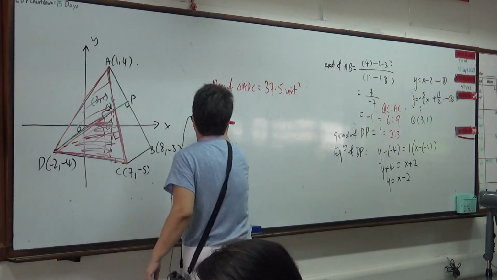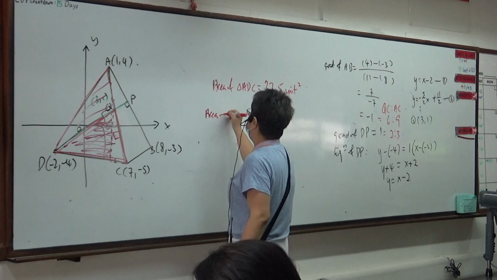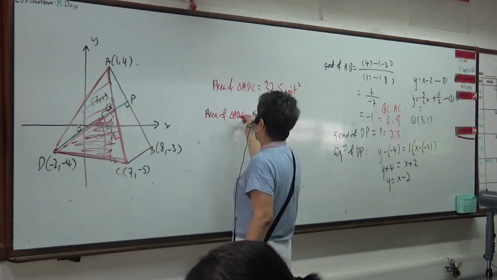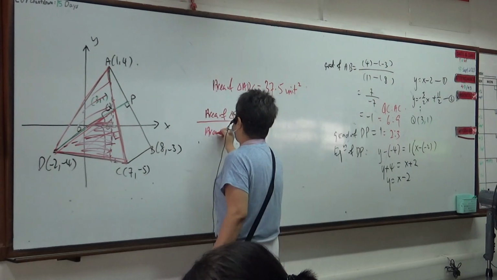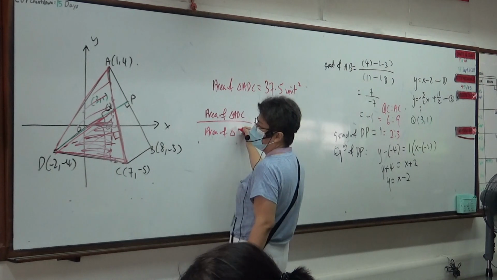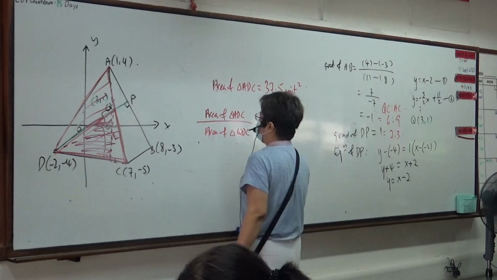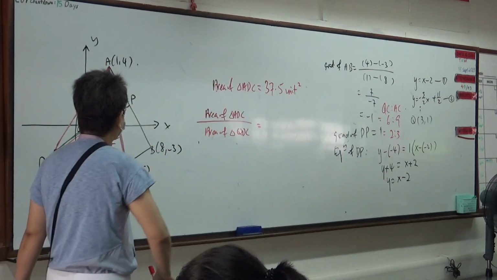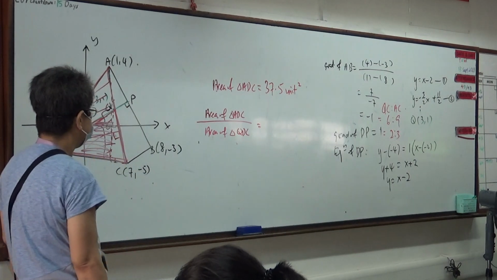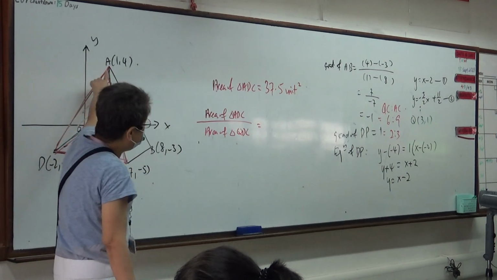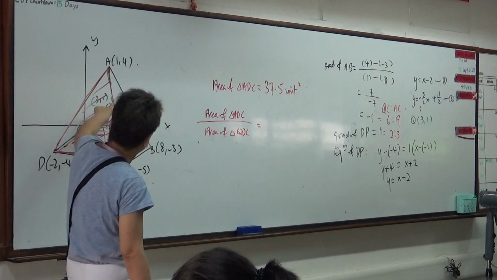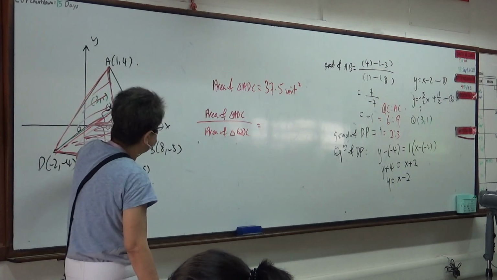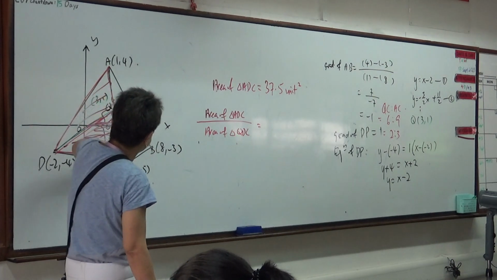Okay. So, area of triangle ABC over area of triangle QDC must be what? What's the ratio? Just now I found out QC is to AC. QC, AC, whole thing is 9.